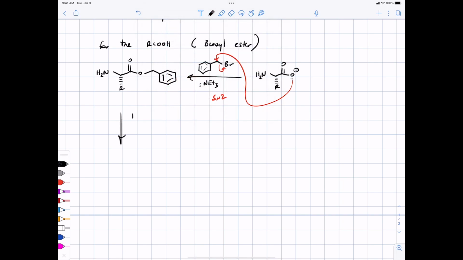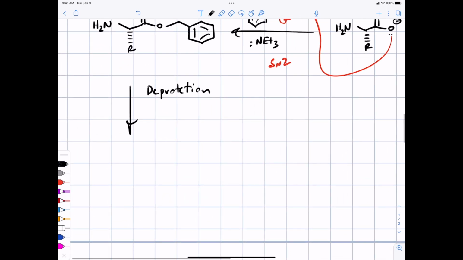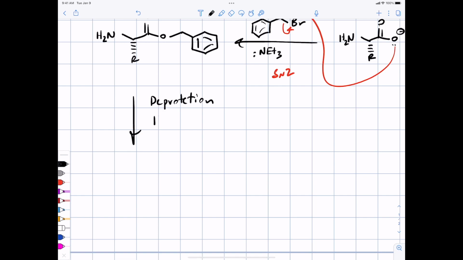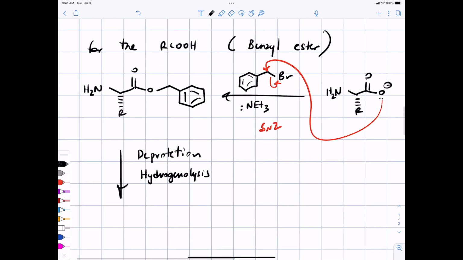Deprotection is also easy. You could do ester hydrolysis, but actually it's easier to do what's called hydrogenolysis. You maybe remember learning that a benzyl radical is a decently stable kind of radical because the radical is stabilized by resonance.